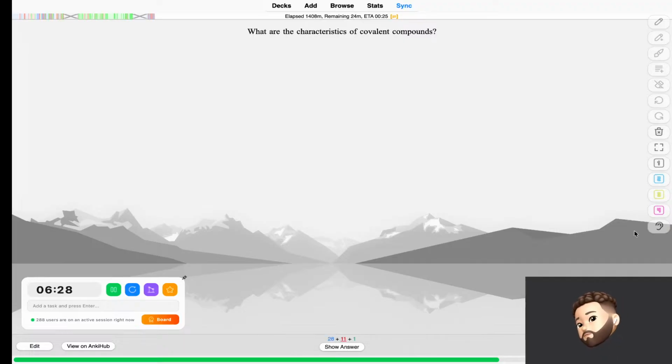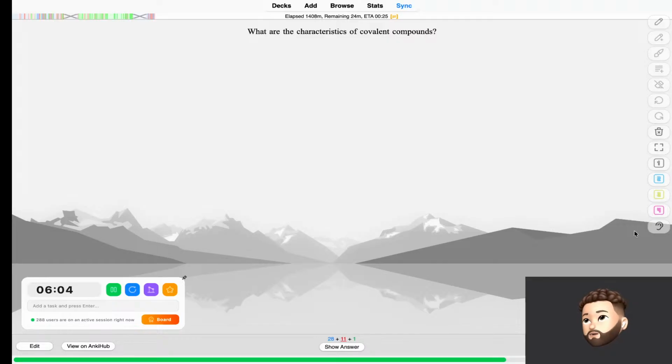What are the characteristics of covalent compounds? They have relatively weak IMF, lower boiling and melting points.